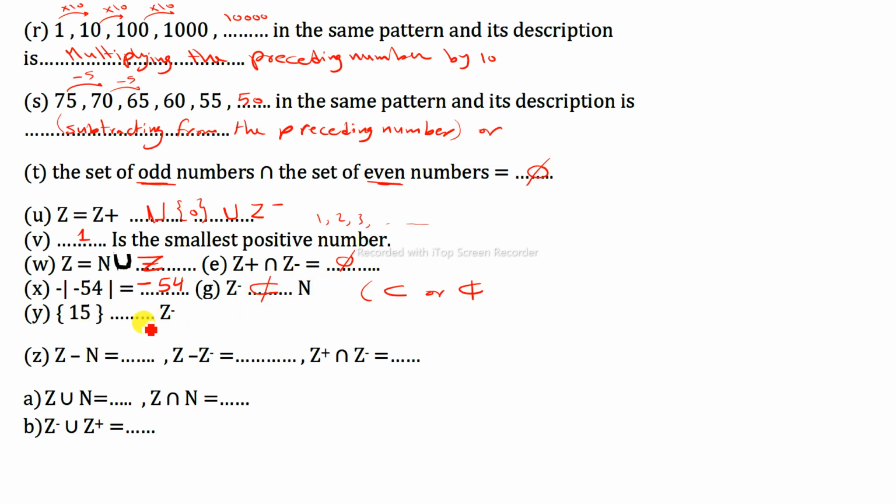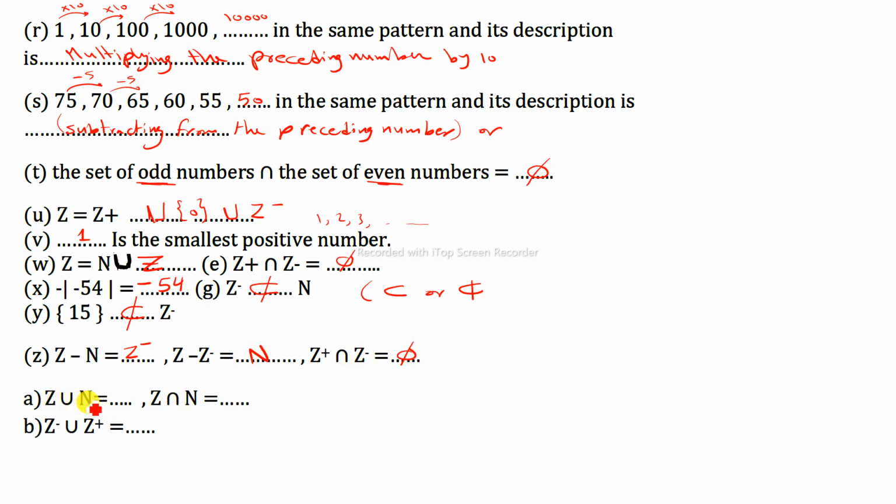Set 15 and here set Z negative. Between a set and another set we use subset or not subset. 15 is not an element of the negative integers, so it is not a subset. Z difference N means from Z we removed the naturals, so what remains is the negatives. Z difference Z negative: we removed the negatives, so what remains are the naturals.